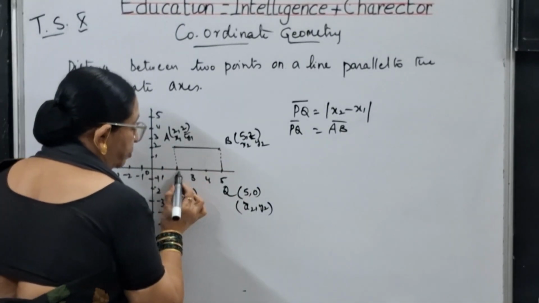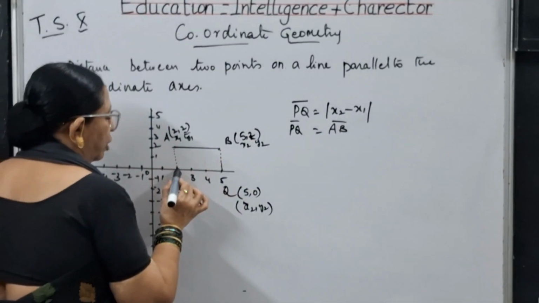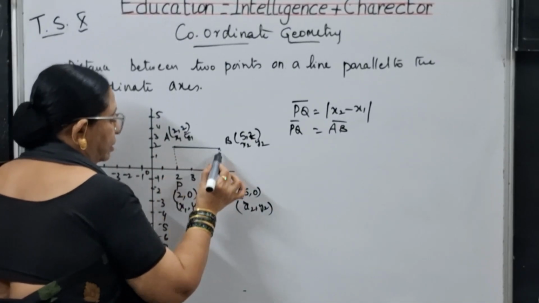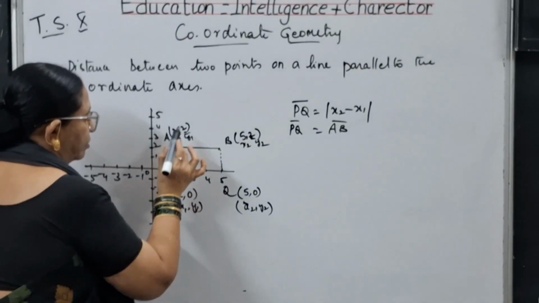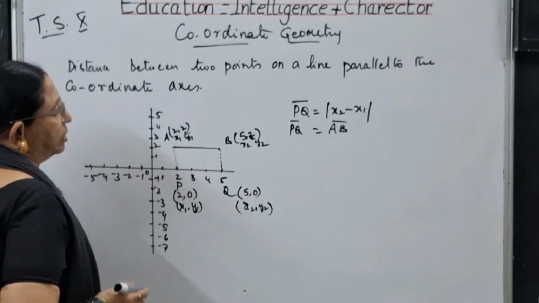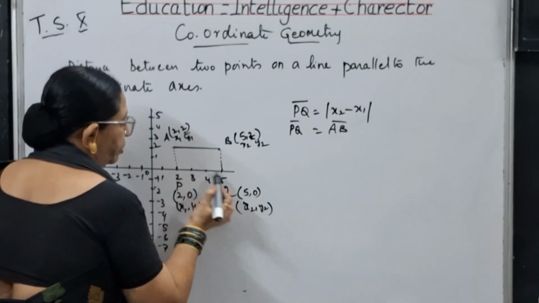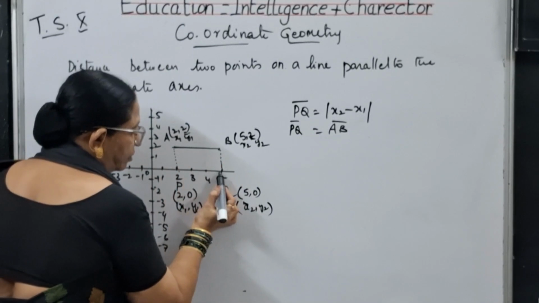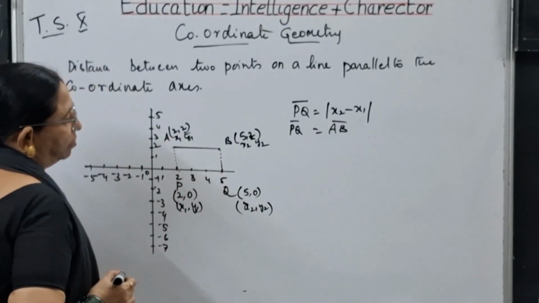Because AB is parallel to PQ and at exactly the same distance, here the y coordinate is 2, and here also the y coordinate is 2. So these lines are definitely parallel, and whatever this distance is, this distance will be equal.